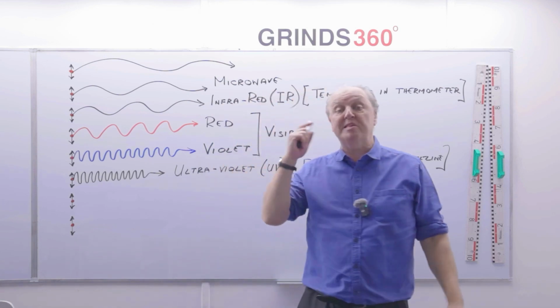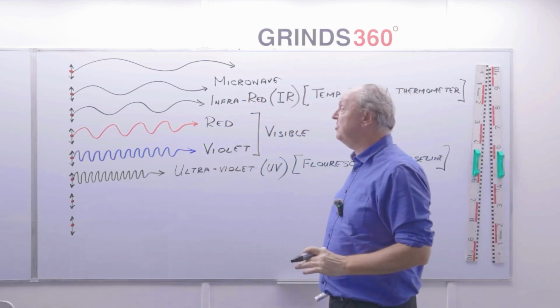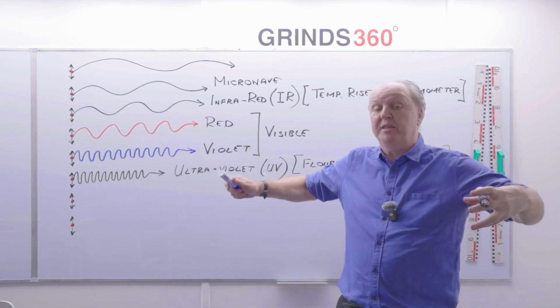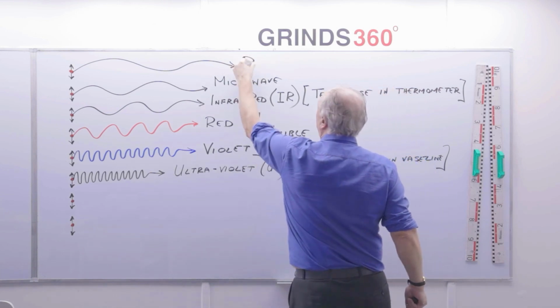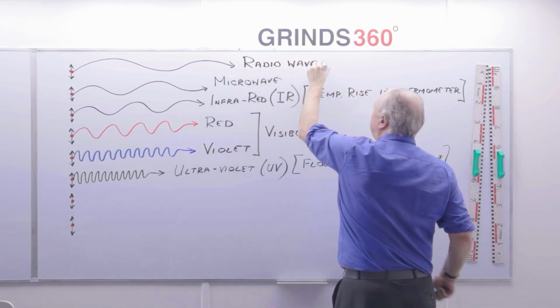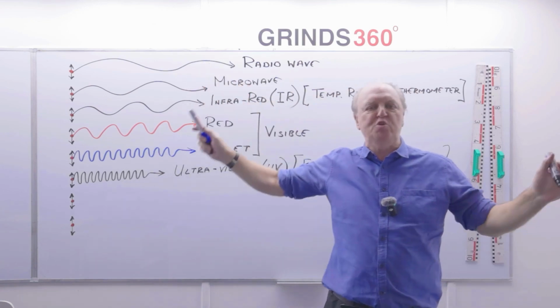The wavelengths could be as long as 10 kilometers long. They can leap over mountains. They're so weak, you need to pick them up with aerials and amplify them before you can make sense of the signal. These things here would be called radio waves. You can be swamped in them forever and ever, and they would never do you any harm.